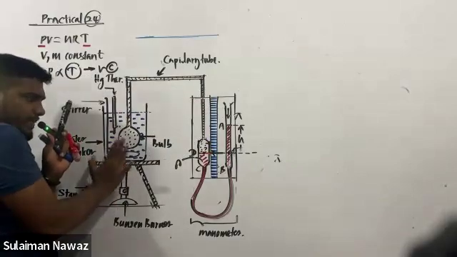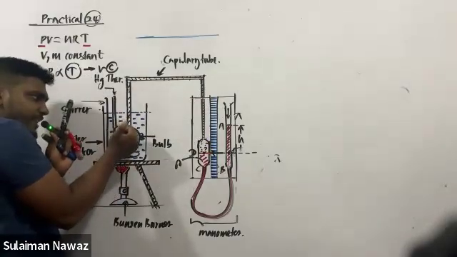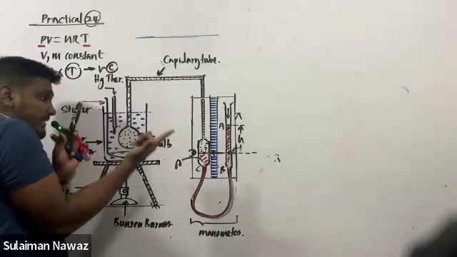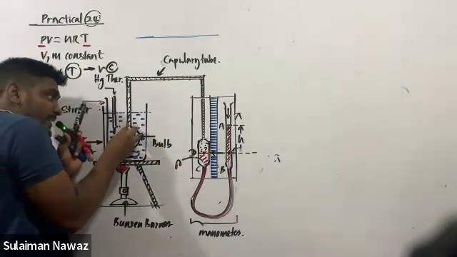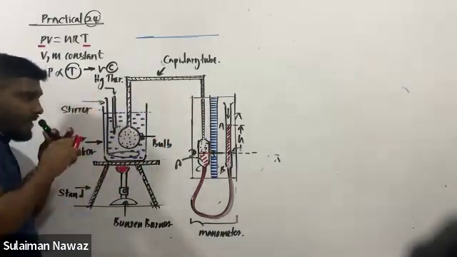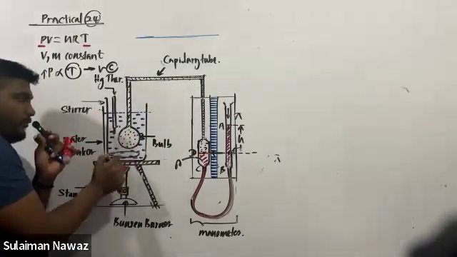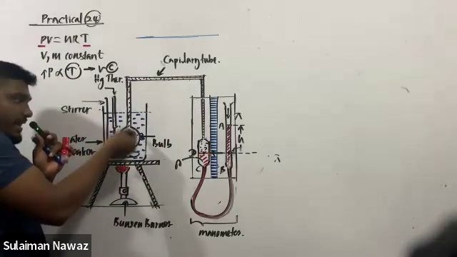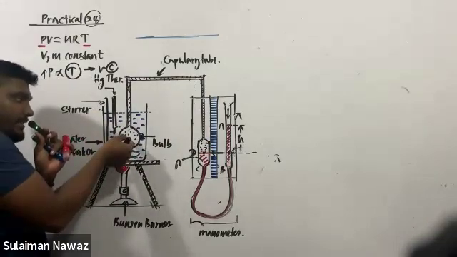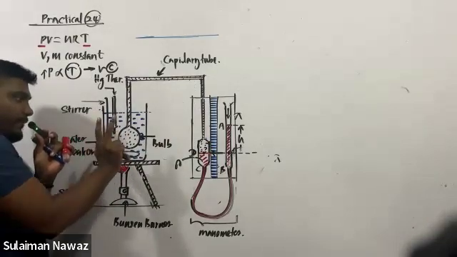You continuously increase the temperature, and at every temperature at which you take readings, you want to maintain constant volume. What would happen if you don't?